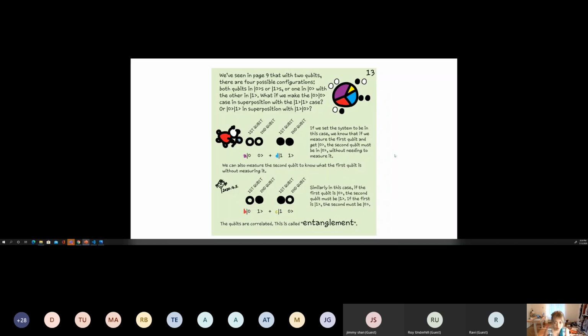Say you have 2 qubits, you would be able to have these 4 different types of configurations. Just using these colors as zeros and ones, these could be 2 zeros, these could be 2 ones, and we also could have 1 zero and 1 one, and the other way around.